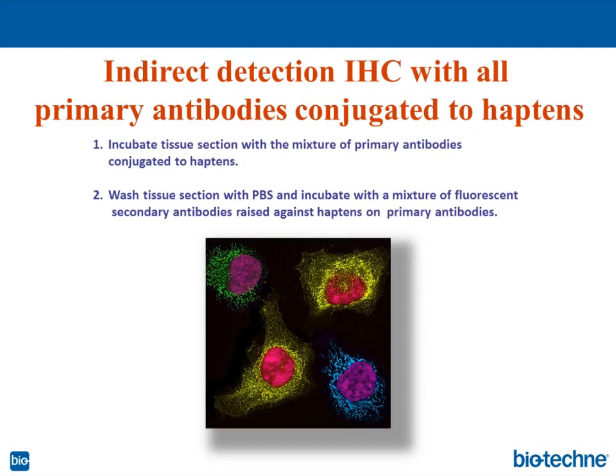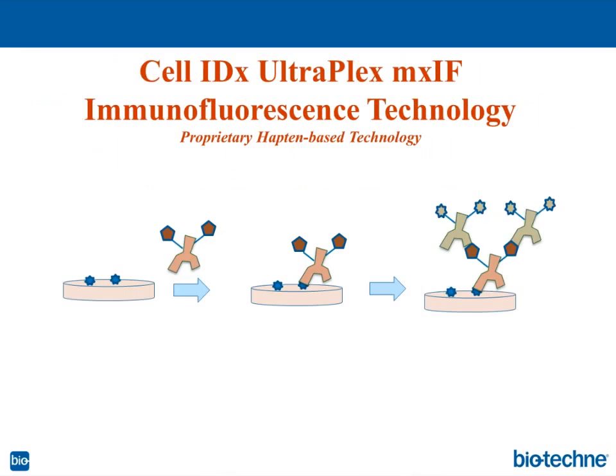Now we will talk about a modification of this protocol. I have talked about anti-hapten detection, when all primary antibodies are conjugated to haptens. These haptens are different from biotin and digoxigenin. They are proprietary, and this technique has been recently developed by our collaborator company CellIDX. They came up with proprietary haptens.